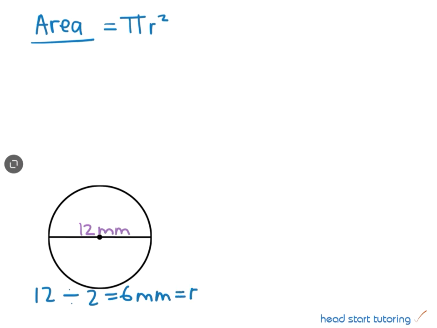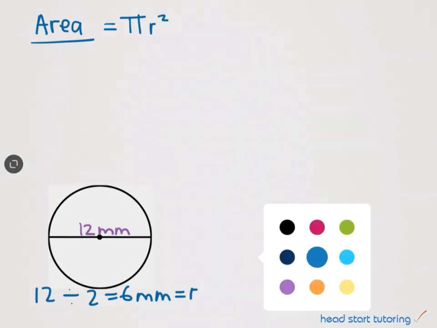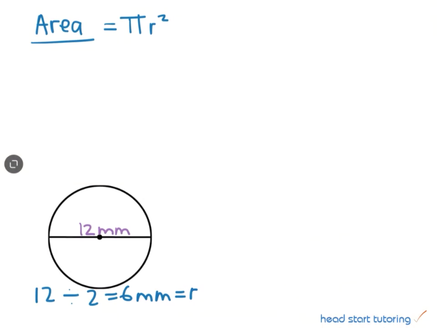And 6 millimeters is therefore our radius. Right, so let's work out the area of this circle, first using pi equal to 3, then we will use pi equal to 3.14, and then we will use pi equal to 22/7.